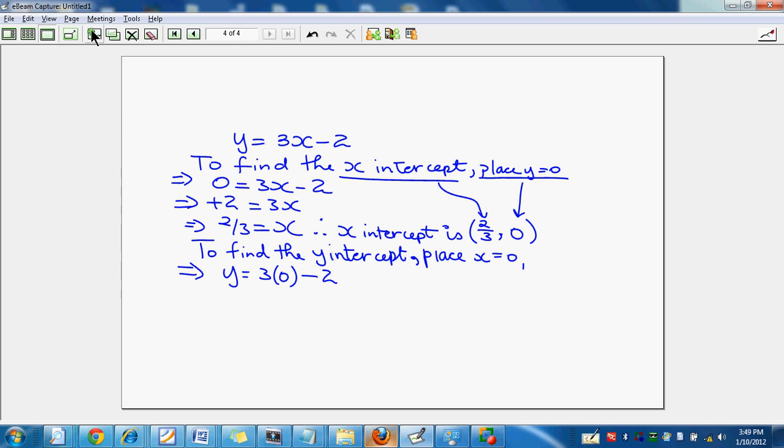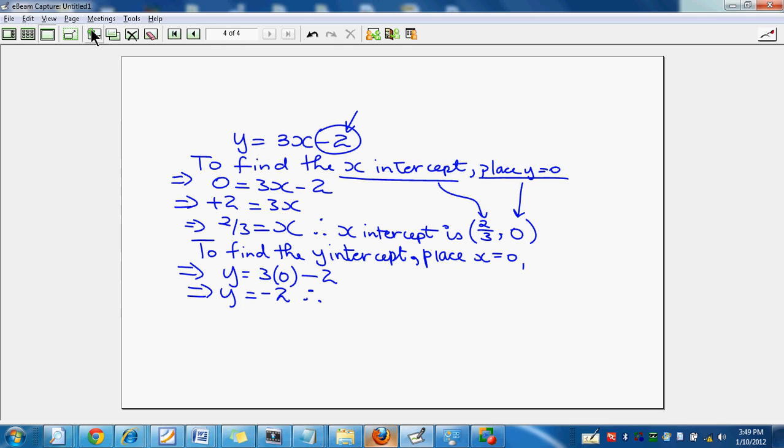So this becomes y equal to minus 2. And we expected that because we know that the y-intercept is always this value here in any case. We just worked it out. Okay? So y equal to minus 2.